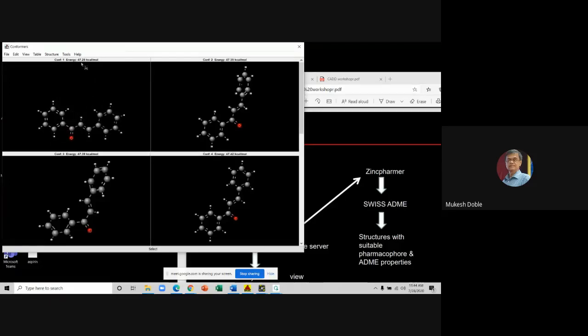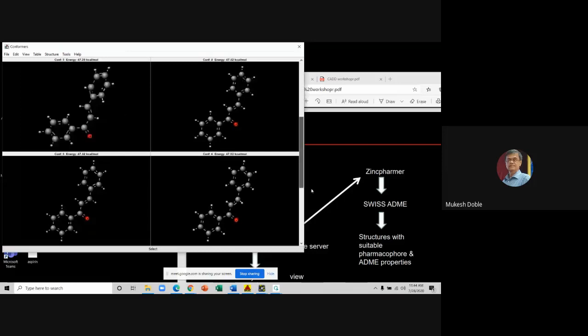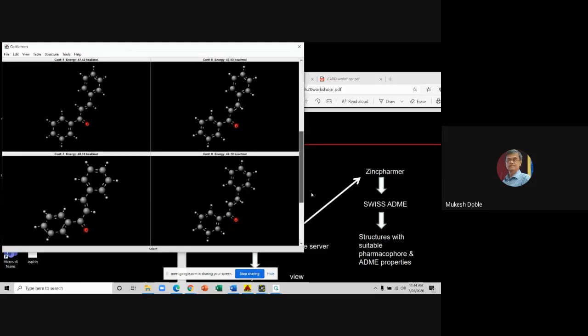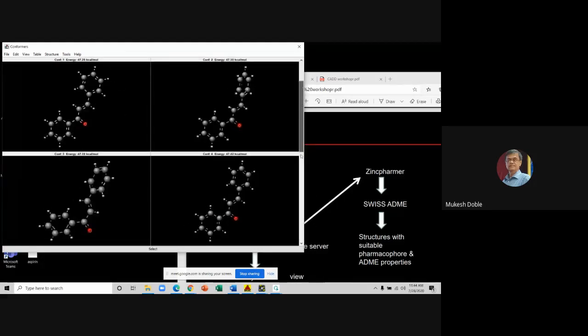This energy is 47 kilocalories per mole. Then it's got minus 47, of course, and some other numbers, different confirmations with different numbers. You can see some 57 is also there. So I will select the one which has got the minimum. This one, it's got 47 points. So I can save it as an SDF file, and then I can use it for my studies.